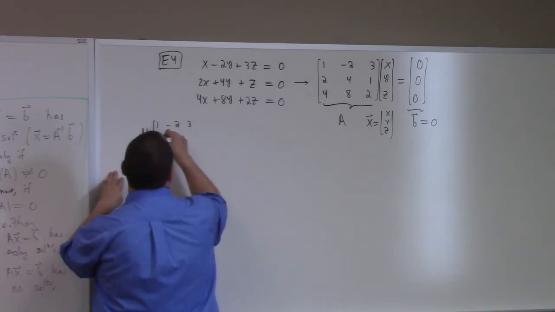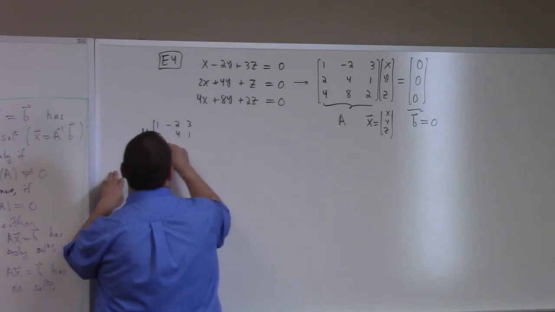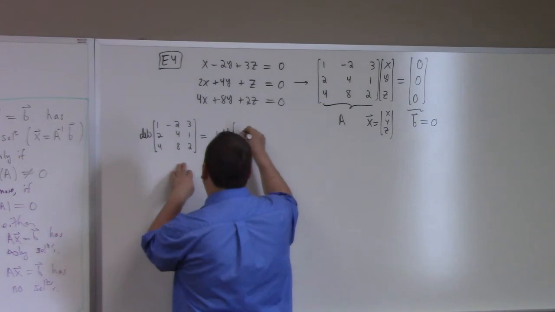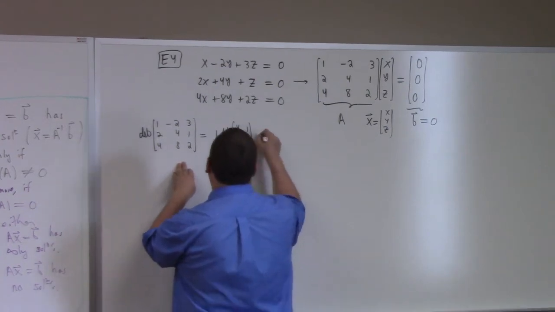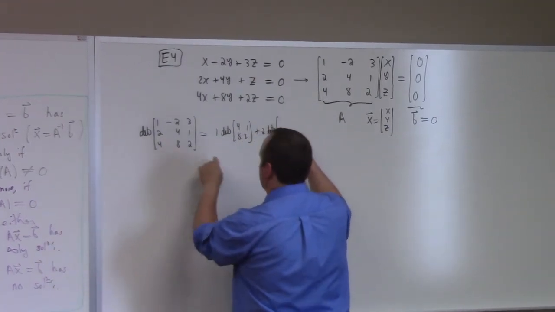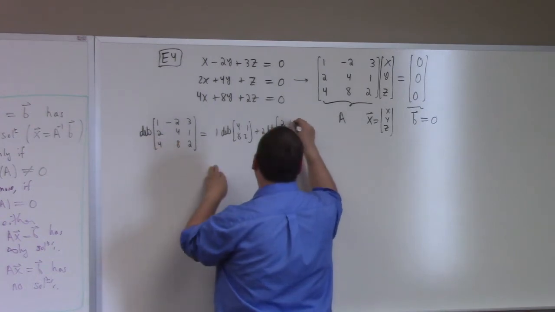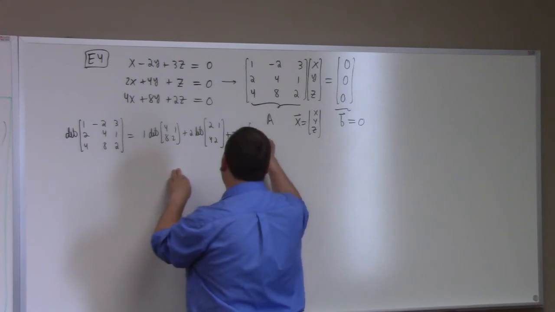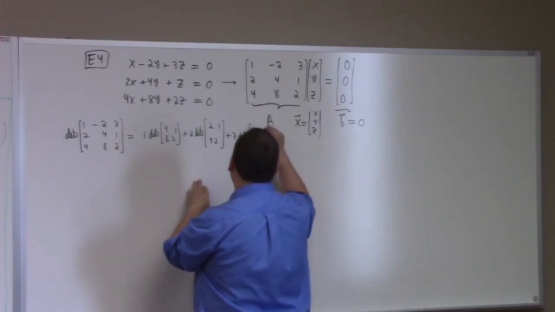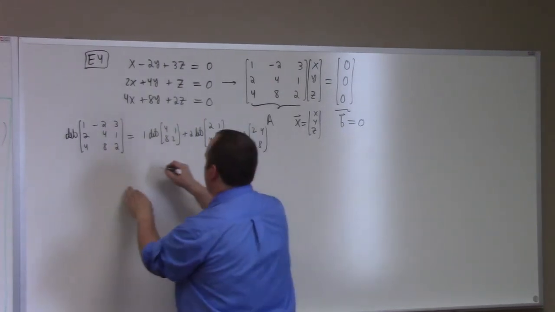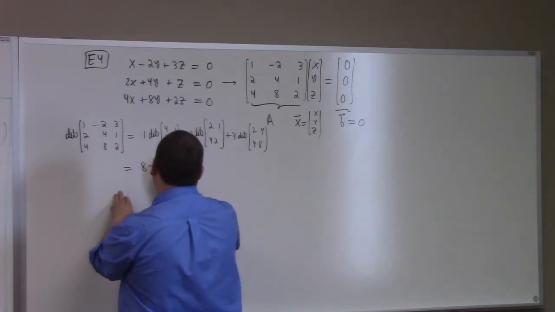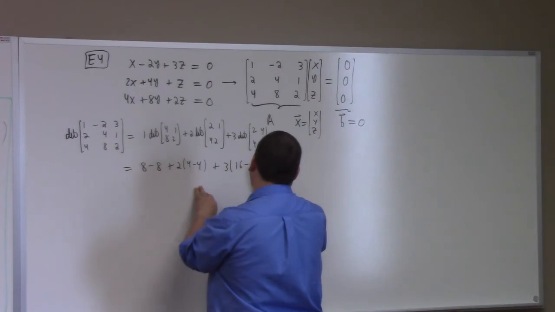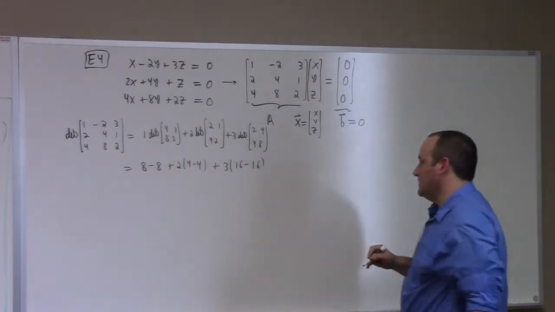I'll tell you my secret. So that would be 1 times the determinant of 4, 1, 8, 2, plus 2 times the determinant of 2, 1, 4, 2, plus 3 times the determinant of 2, 4, 4, 8, which would be 8 minus 8, plus 2 times 4 minus 4, plus 3 times 16 minus 16. Wow, every one of them is 0. Funny.